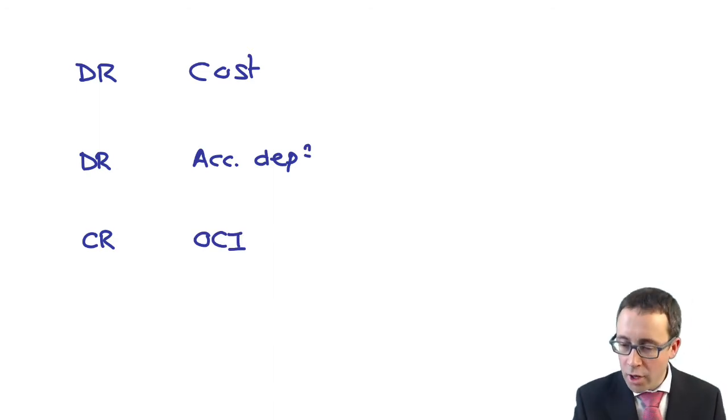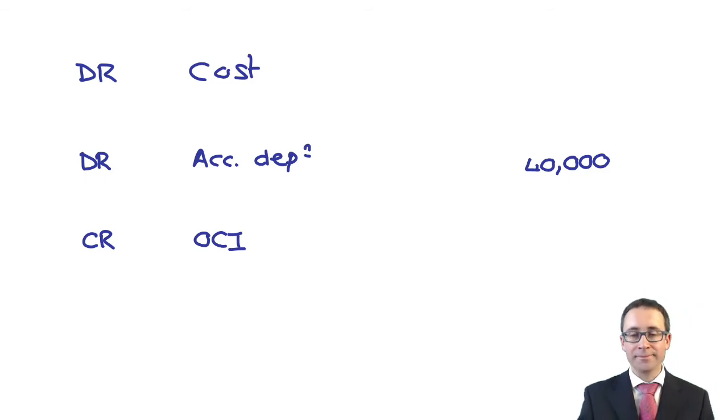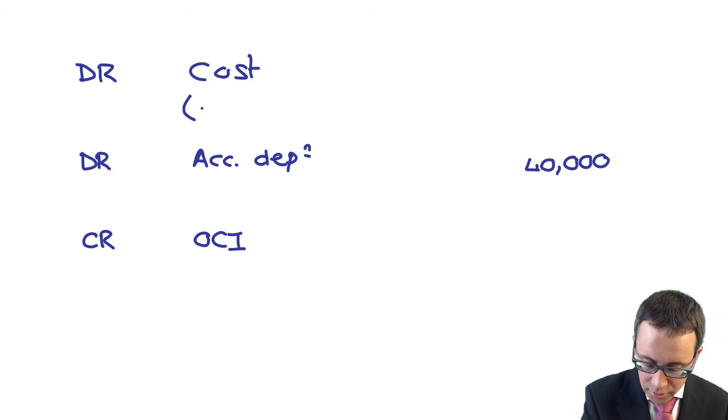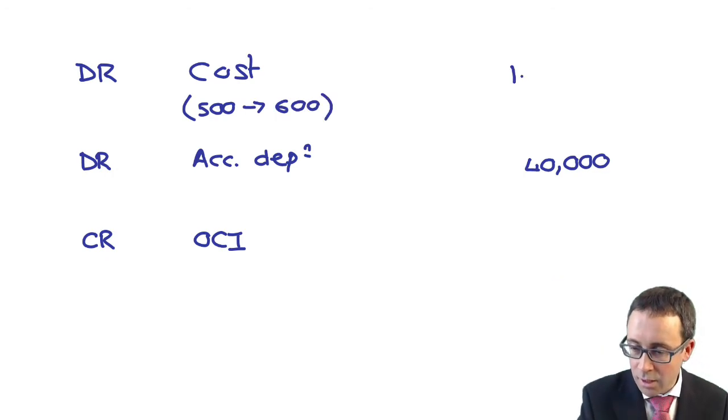The accumulated depreciation that we need to remove is 40,000, isn't it? So I need to get rid of that. The original cost was 500, wasn't it? It's now revalued to 600. So is that 100,000?